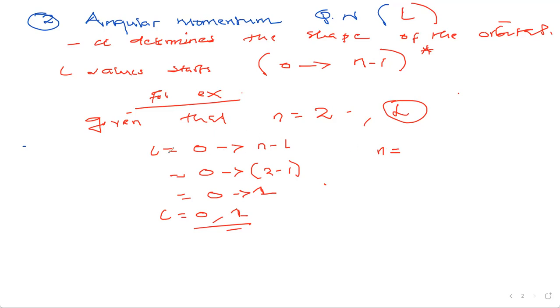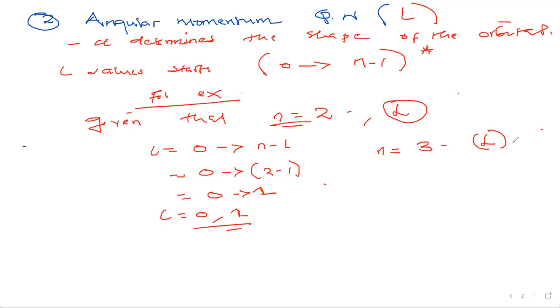Okay, so we are here. If we have the value, we are looking for L, given that the principal quantum number is 2. Let me use another example. For example, if the principal quantum number is 3, then what is L?